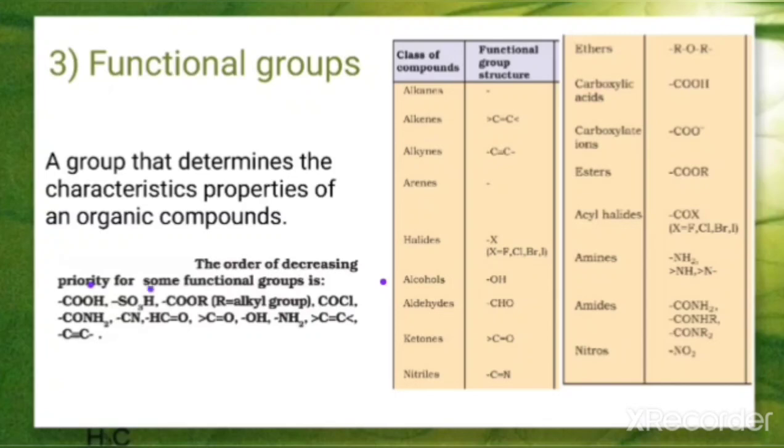Then next we have the SO3H group, COOR. Next we have the acid chloride group. The ketonic group has less priority compared to the acid group. So if we have two functional groups, we give priority to only one of them on the basis of this priority sequence. We will discuss the details of this when we do the practical examples.